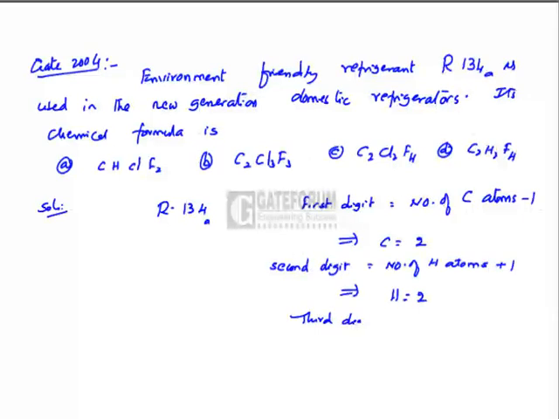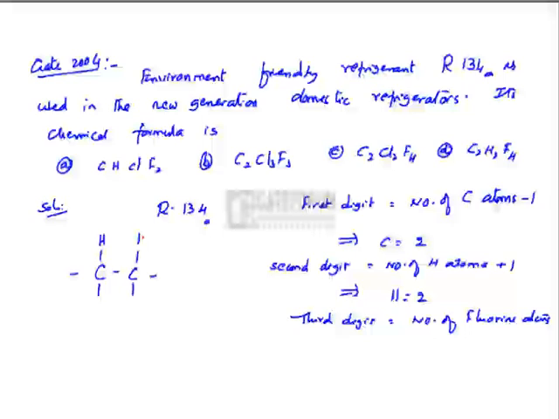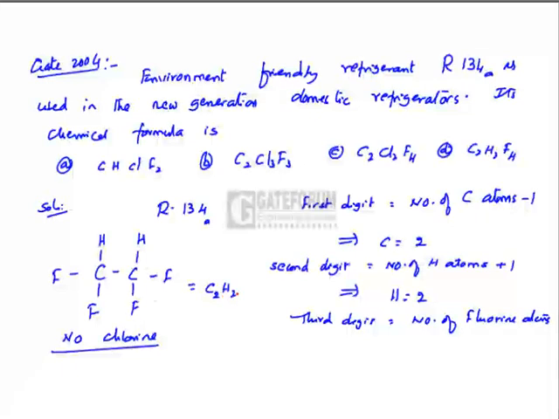Third digit is equal to number of fluorine atoms. Therefore, it is ethane based. There are 2 carbons, 2 hydrogens and 4 fluorines. No chlorine in this. So the answer is C2H2F4, D.